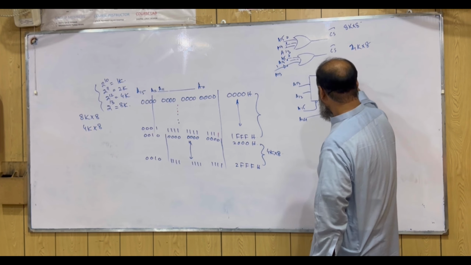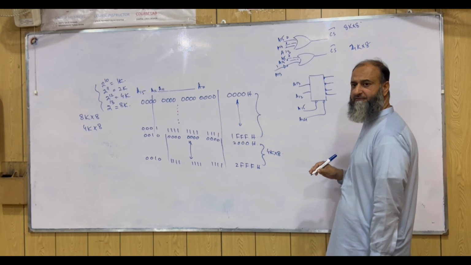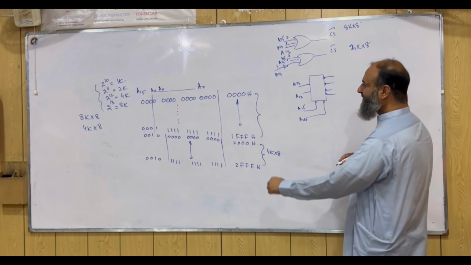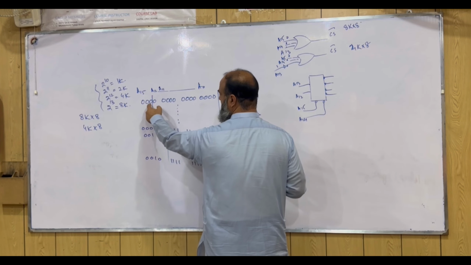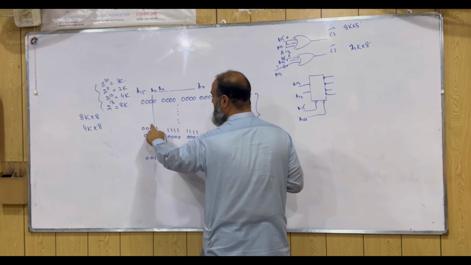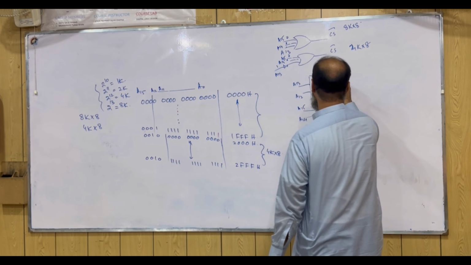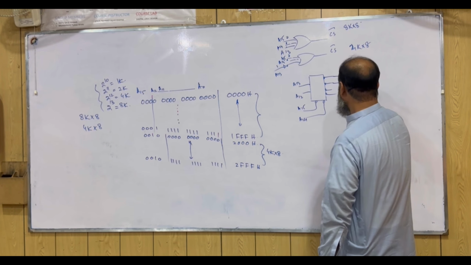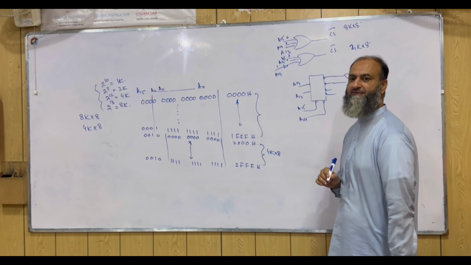It will have four outputs, and let's suppose all of the outputs are active low. For A12 and A13, the first memory has the combination 0 0 and goes up to 0 1. So 0 0 is this, 0 1 is this, and you have an OR gate, which can be used for the chip selection of the first memory.